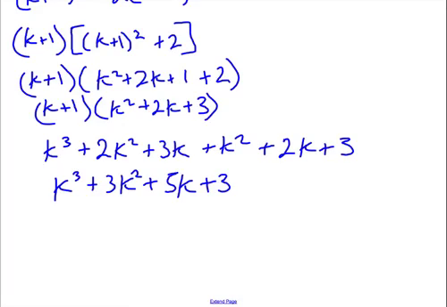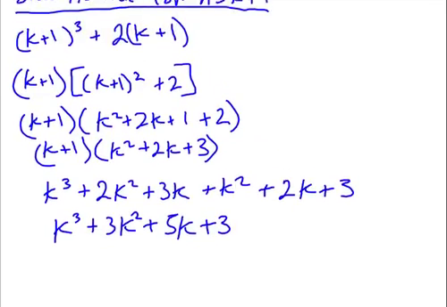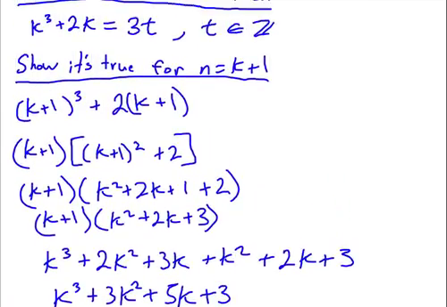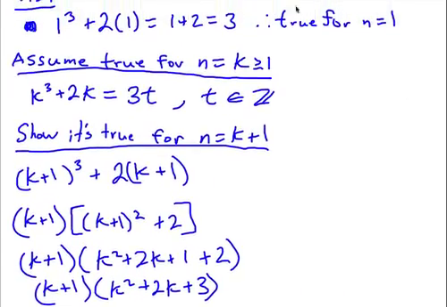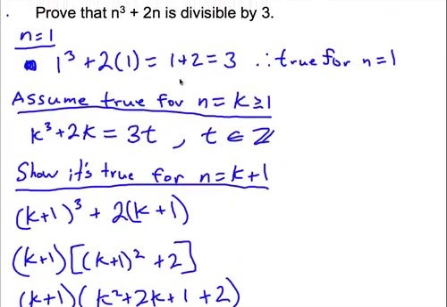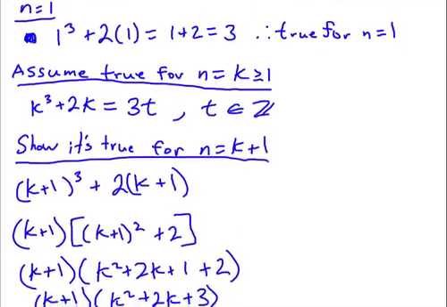Now if we go back and look at what we have for our assumption, we assume that k cubed plus 2k equals 3t.